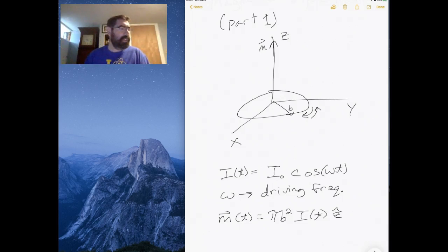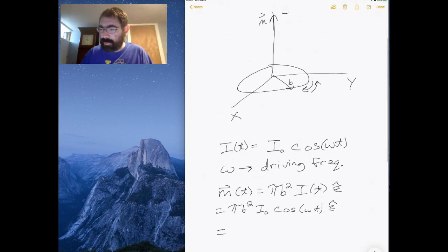We can write this out as pi b squared I0 cosine omega t in the z direction, and we can rewrite this as some magnitude of the magnetic moment, m0, which is essentially this quantity right here, times the cosine of omega t in the z direction.